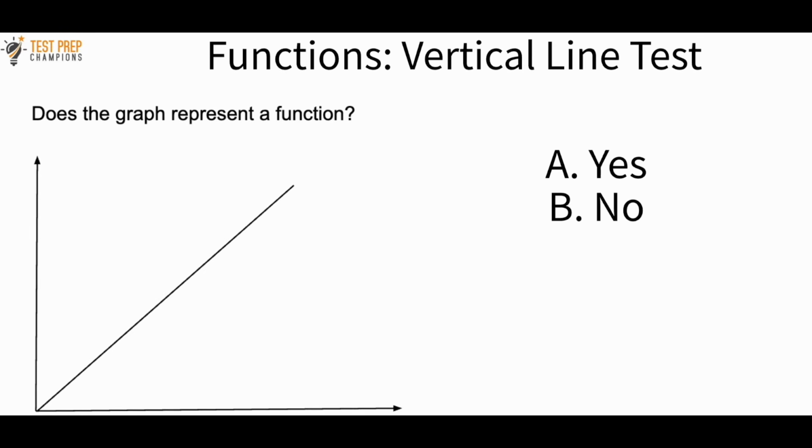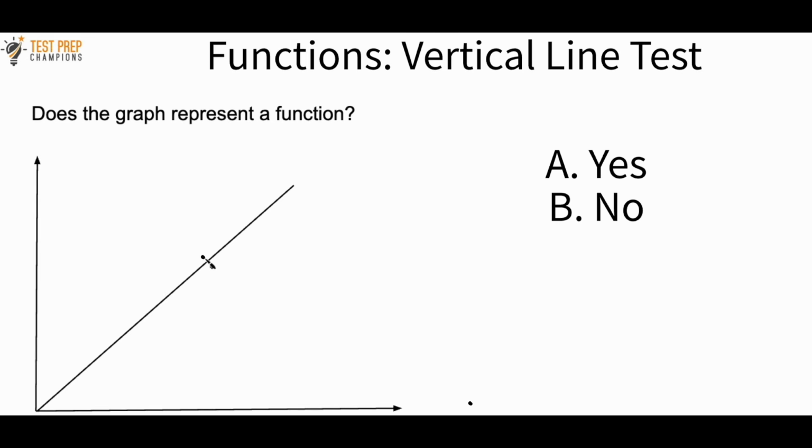If you draw a vertical line and it only touches the graph once, then you know that it is a function. Sometimes it can help to draw multiple lines if it's hard to see with just one. Anyway, let me give you a chance now to pause the video and try to answer if this is a function or not, yes or no. If you get stuck or aren't sure how to do it, don't worry because we're just going to go over it and then look at more examples.